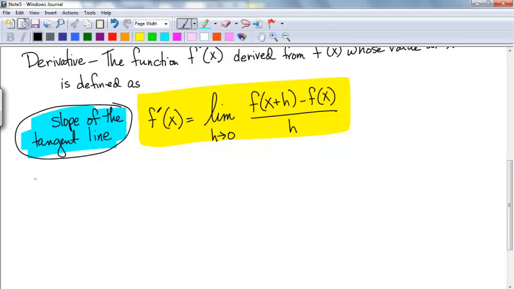They will give you directions: find the derivative. Basically they're asking you for the slope of the tangent line.